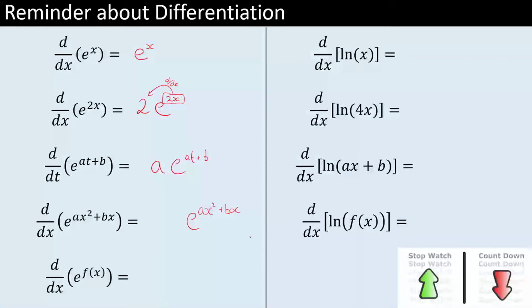What goes in front of that exponential is the derivative of the power. Just going to give myself some brackets ready. So what is this thing when we differentiate with respect to x? Have a think for yourself. Well, we're going to get 2ax, because the power decreases by 1, plus b.